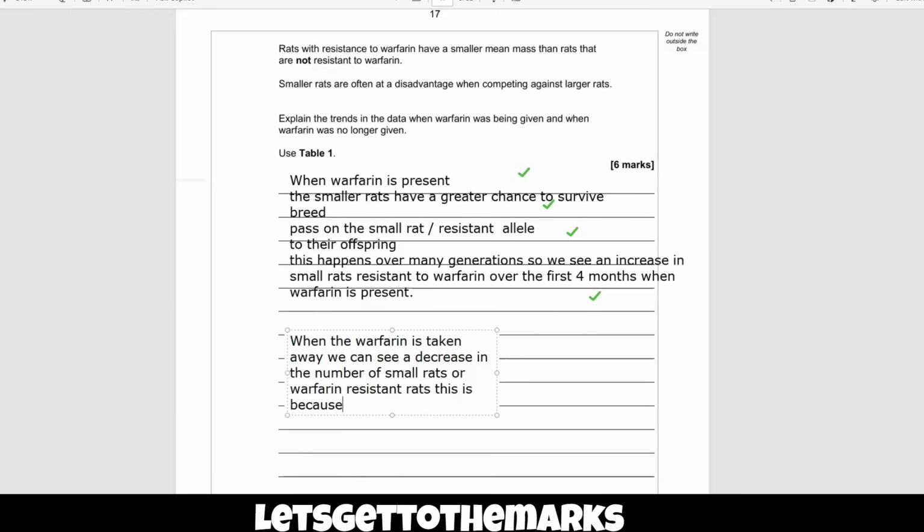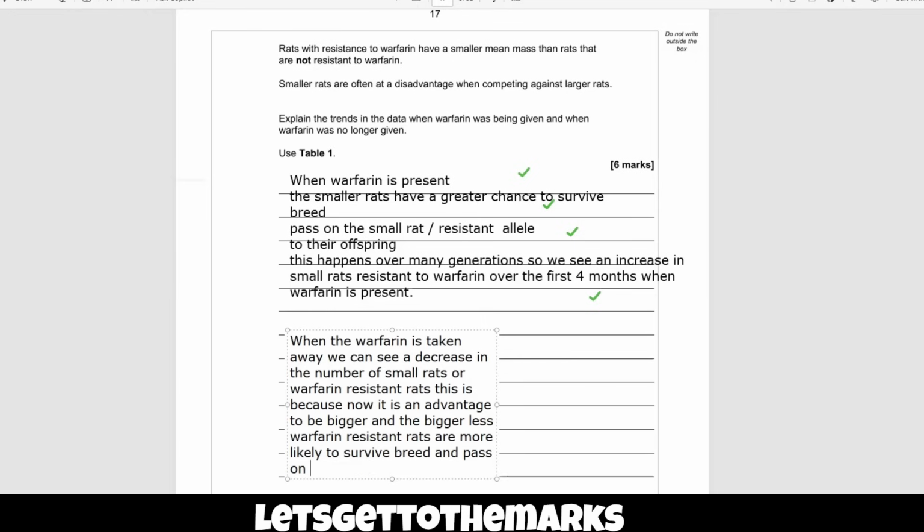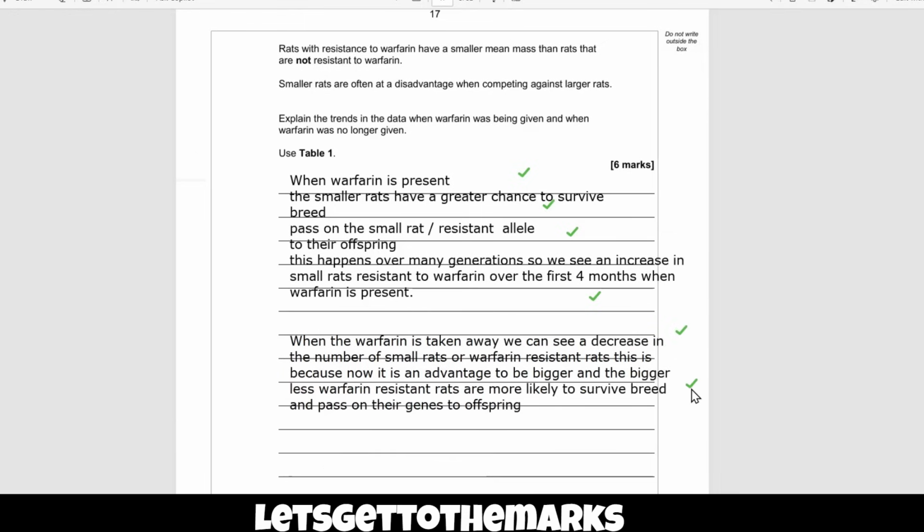This is because now it is an advantage to be bigger. And the bigger, less warfarin resistant rats are more likely to survive, breed, and pass on their genes to offspring. So it's really asking you about natural selection, but to explain, look, generally, when there's no warfarin knocking about, the advantage is to be a big bad boy rat.